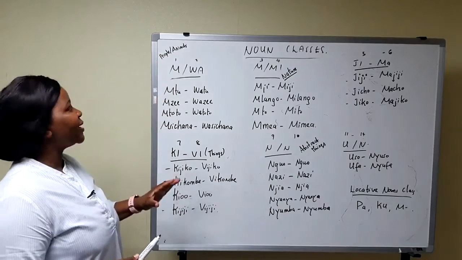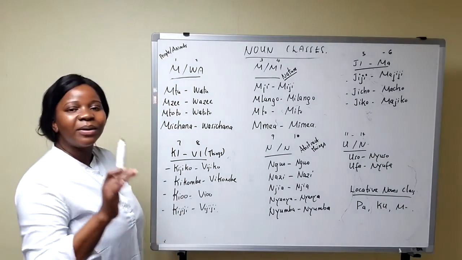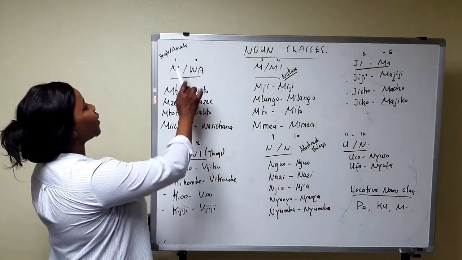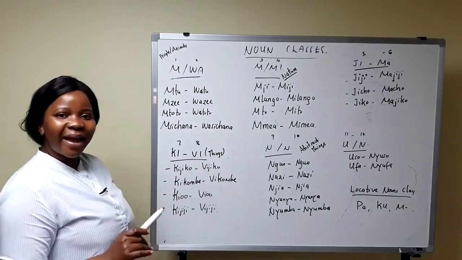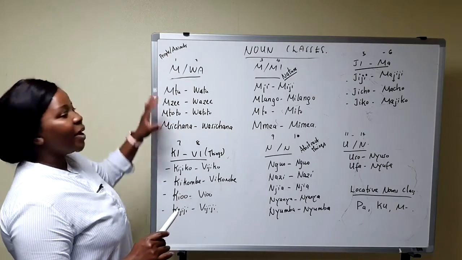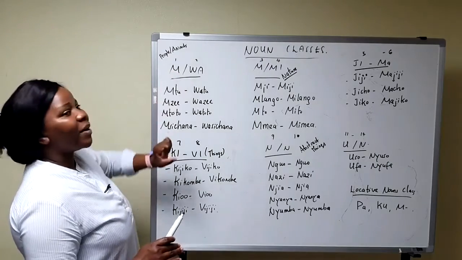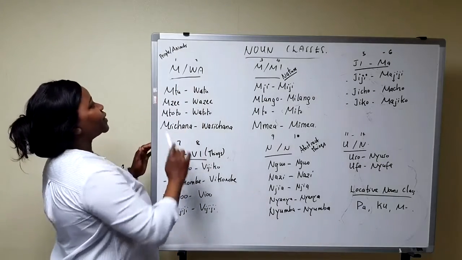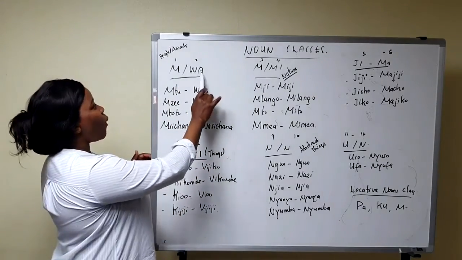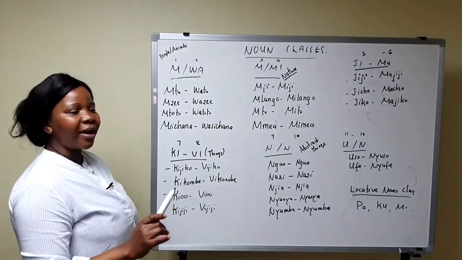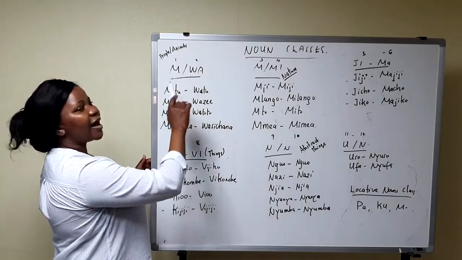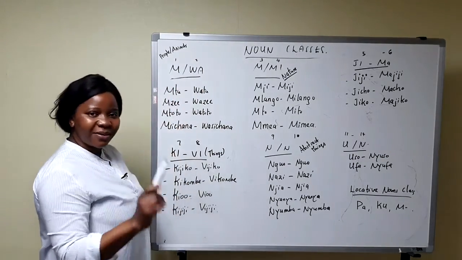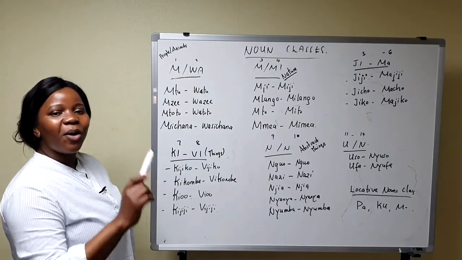So the first class is wa noun class. Wa noun class. So this class talk about people and animals. It talks about people and animals. Talk about living things, people and animals, okay? So stands for the singular and wa is for plural, okay? So the first and second noun class is wa noun class. For the singular and wa for the plural.